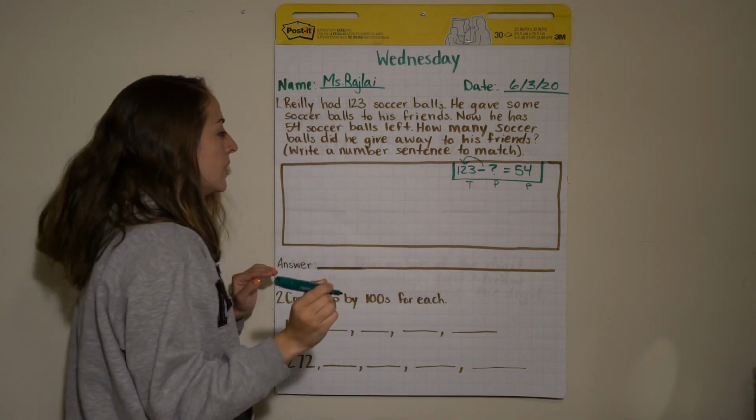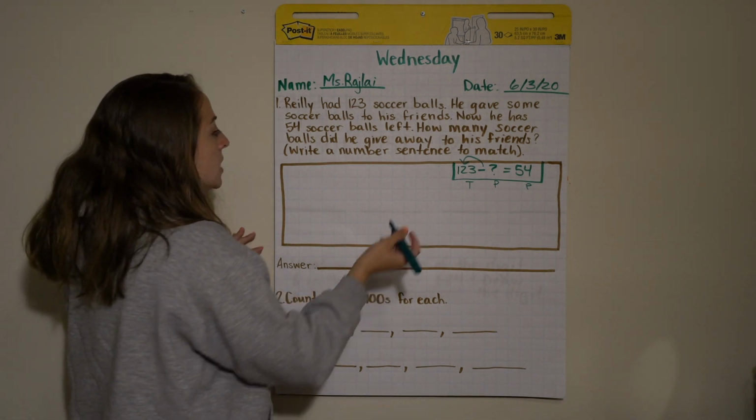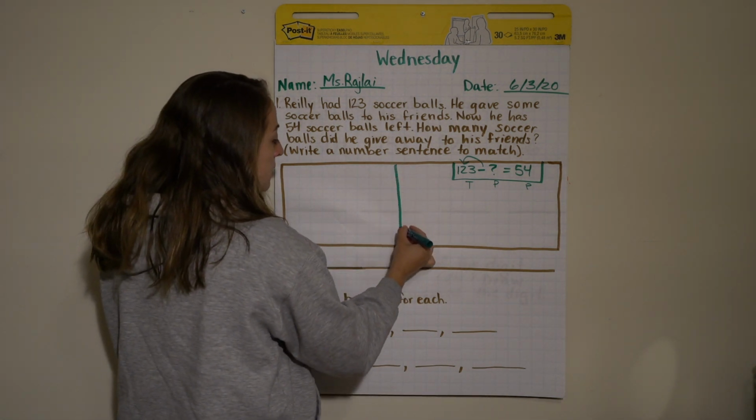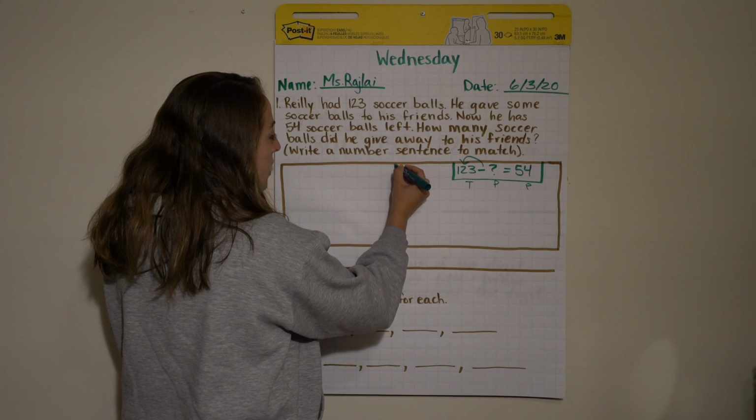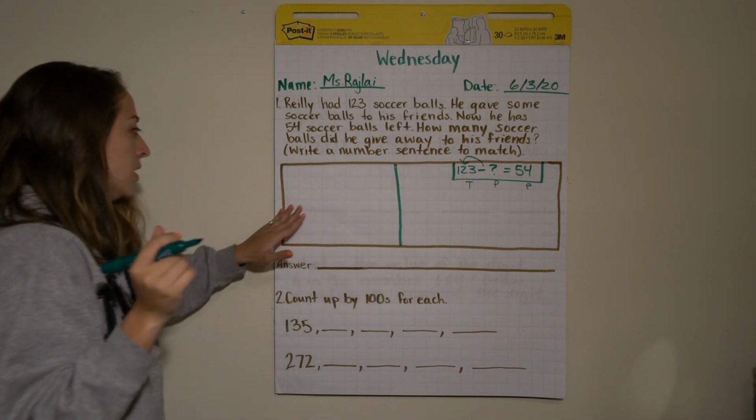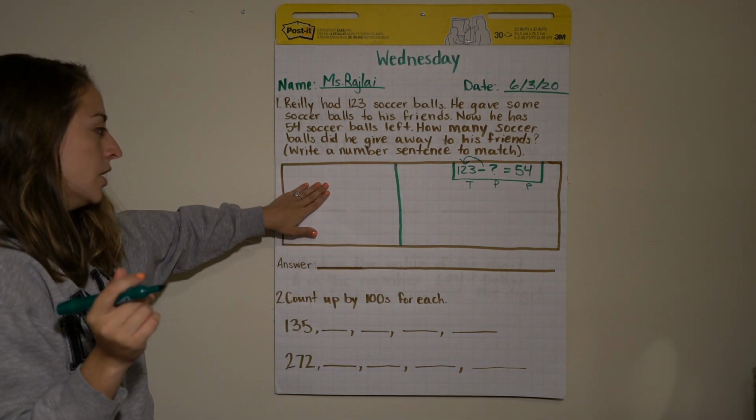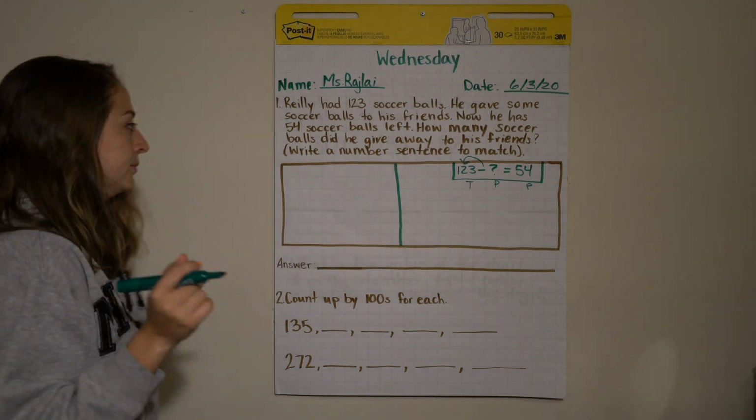Okay, so we can see that we have a part missing, all right? So draw a line in the middle because we are gonna do 2 strategies. And you can do just your first strategy here to solve for that missing part.